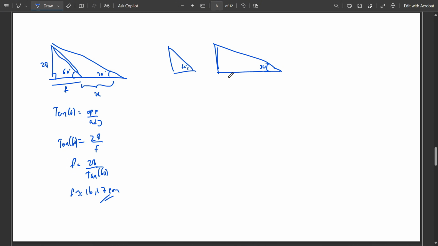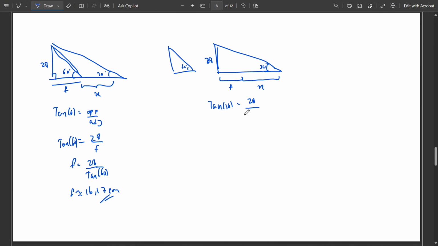So we know that this part here is f, and this part here is x. And we know that this is 28. Notice that we can use a trig ratio that uses opposite and adjacent again, which is tangent. So tangent of 30 equals the opposite, 28, over f plus x.